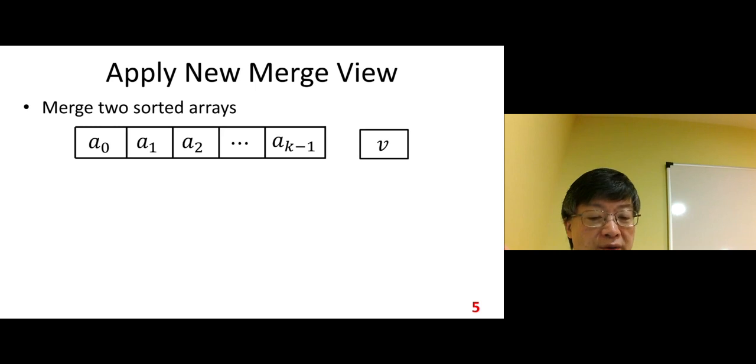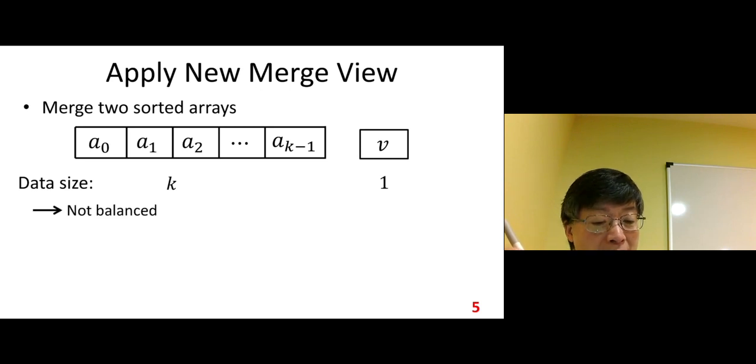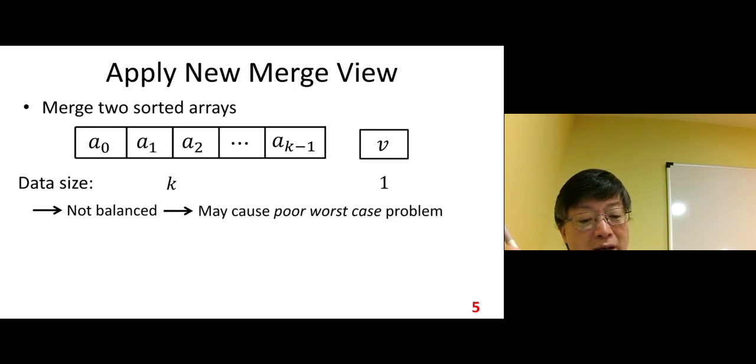Here we have two arrays, and the size is quite different. The first one has size k, the second one has size 1. We can see it is not balanced, it is skewed.